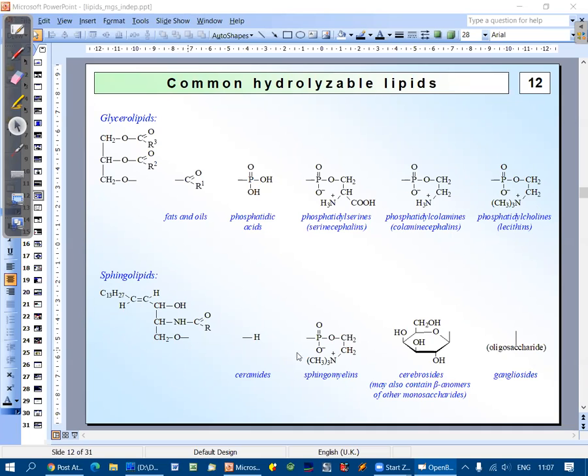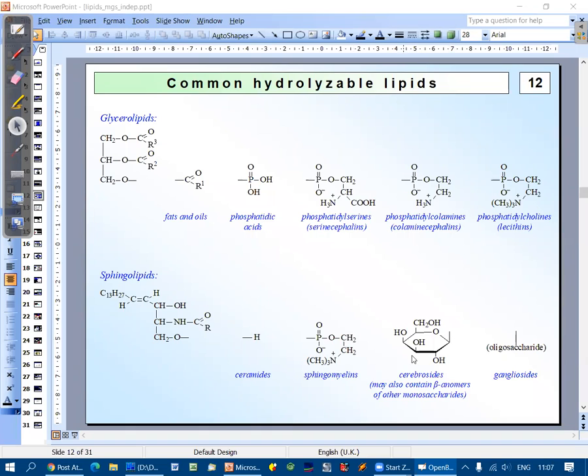If we add phosphoric acid, again removing water, and after that a molecule of choline, again removing water, hydrogen from choline, OH from phosphoric acid, it will be sphingomyelin.